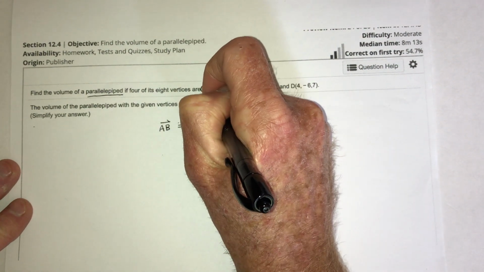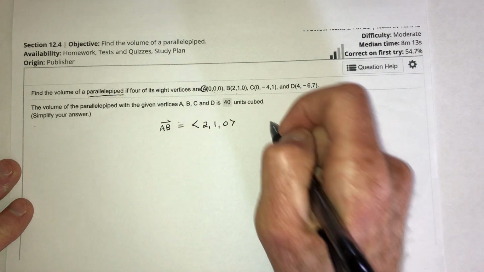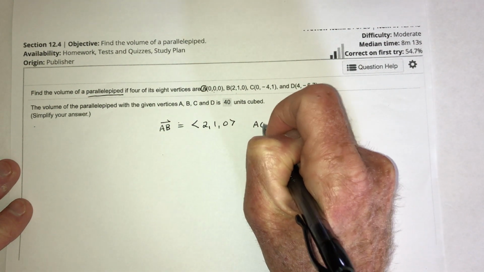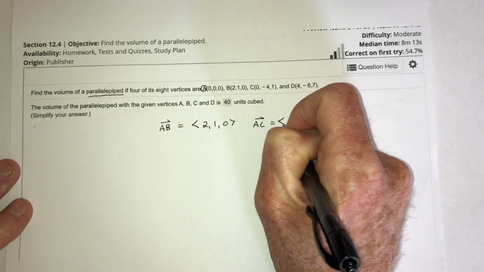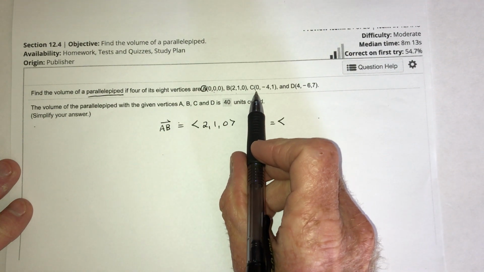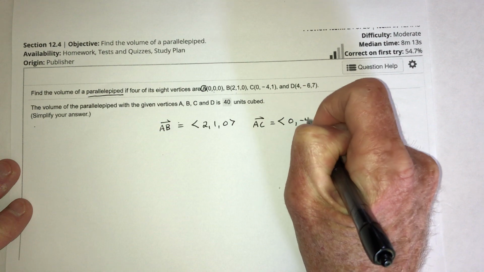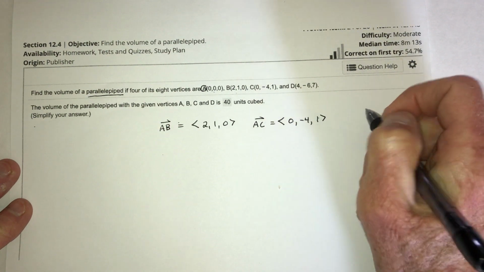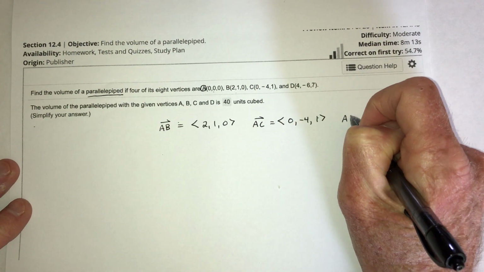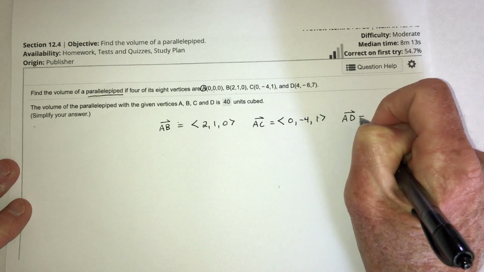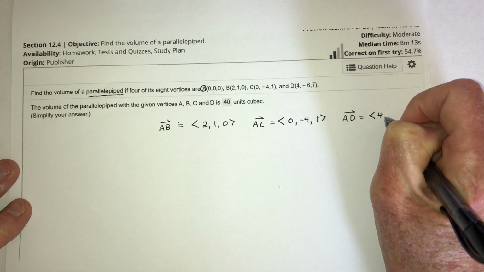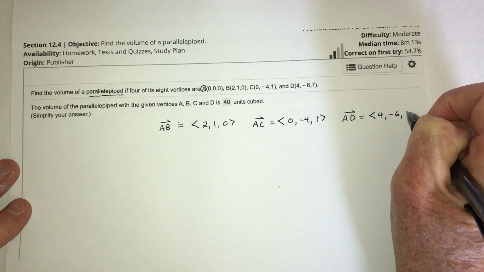All right, so this is going to be the base point. Now go from A to C, and then that basically just turns the point C into a vector. 0, negative 4, and 1. Then go from A to D, so that will be 4, negative 6, 7.